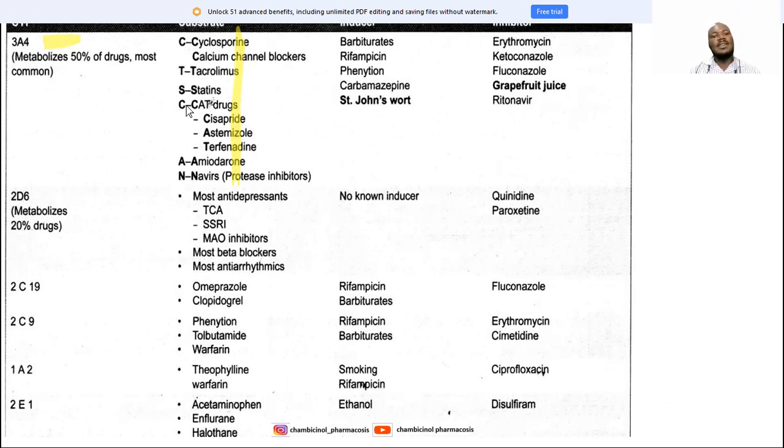S is statins, and the C stands for three drugs, meaning CAT: C means cisapride, A astemizole, and T terfenadine. A stands for amiodarone, and N is for the navirs, the protease inhibitors used as anti-HIV. So these are examples of the substrates that can be metabolized by this enzyme.